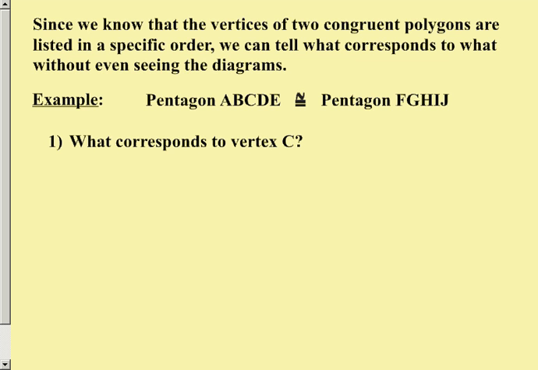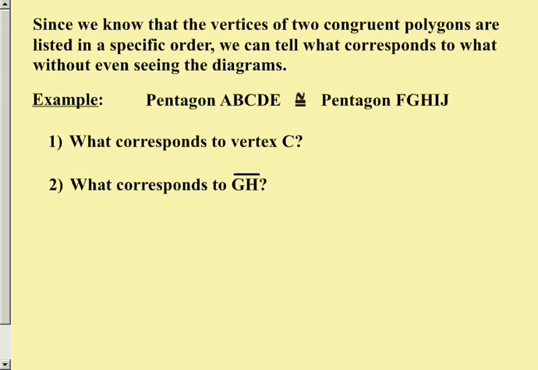Okay, so what I'd like us to do is I have some questions here, and I want us to give these a try. You are going to answer on your paper what corresponds to vertex C. Look at pentagon ABCDE, and then look at pentagon FGHIJ, and ask yourself, in pentagon FGHIJ, what should correspond to vertex C based upon the positioning of vertex C in the name of pentagon ABCDE.